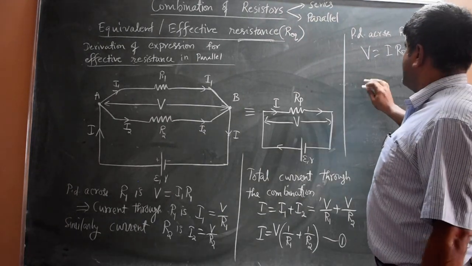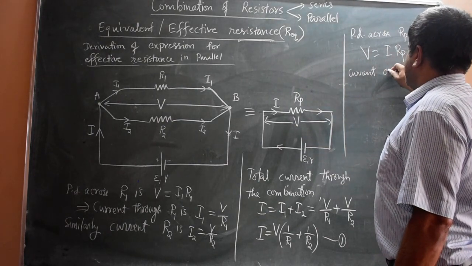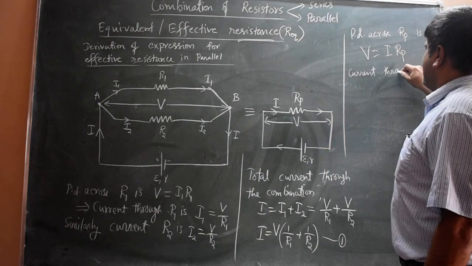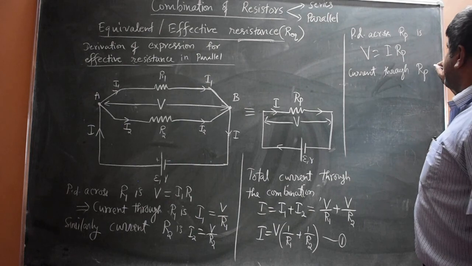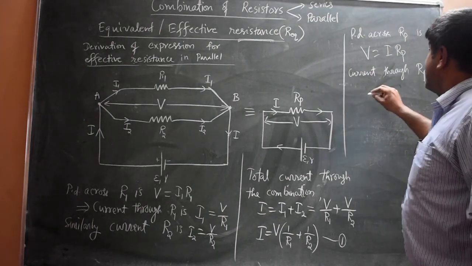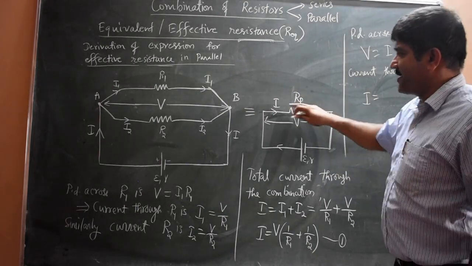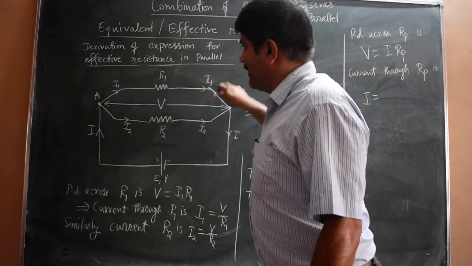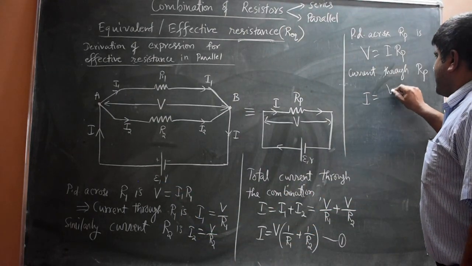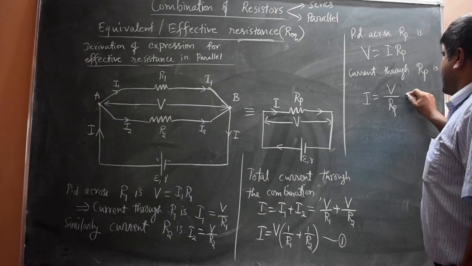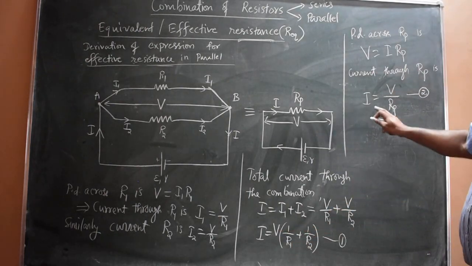So then current through Rp, the current through the equivalent resistance, is I, the total current in the combination. So I equal to V divided by Rp. Okay, equation number 2. Now we have equation 1 I, equation 2 also I.